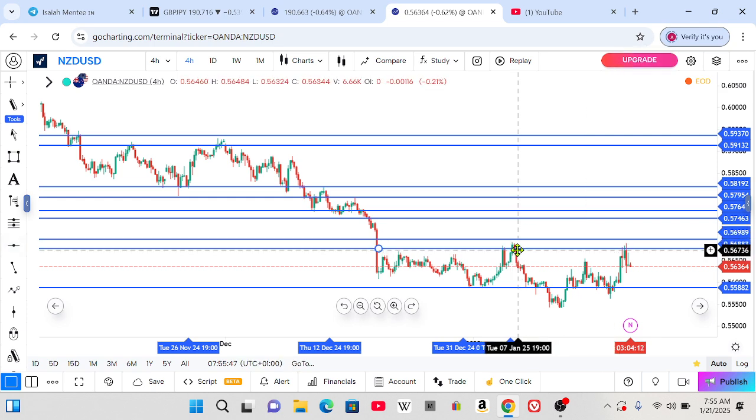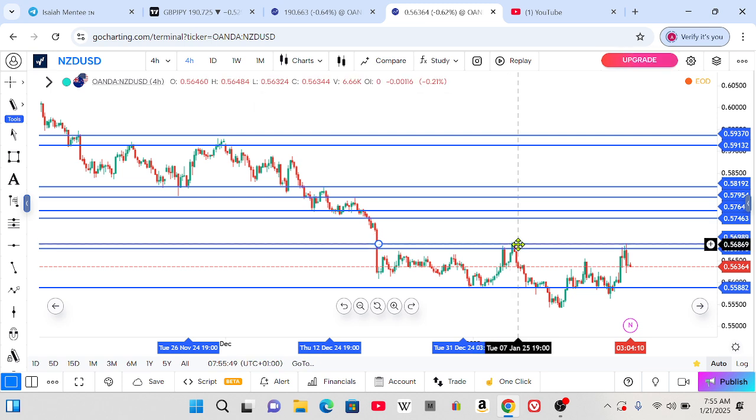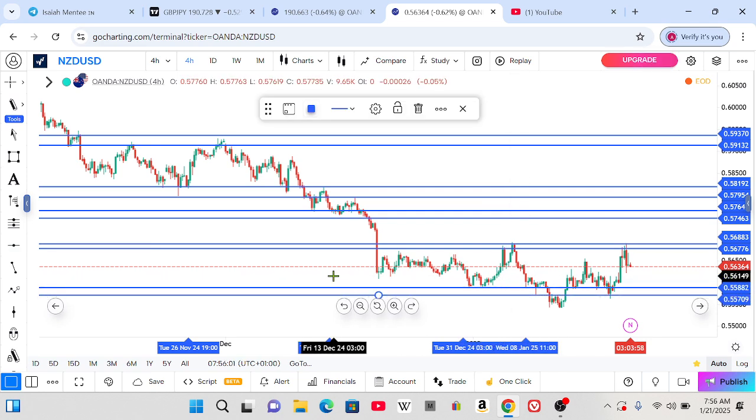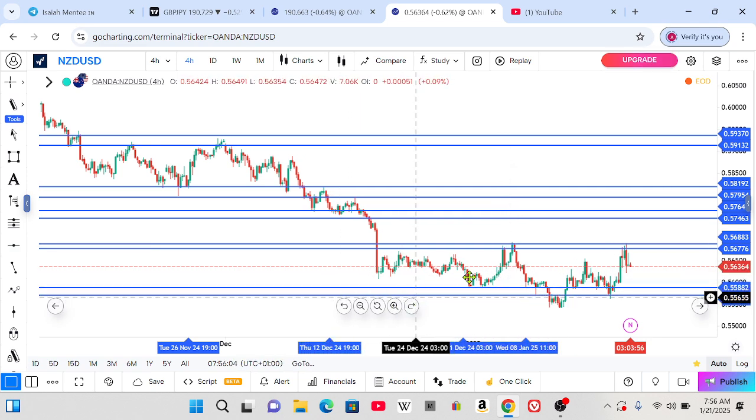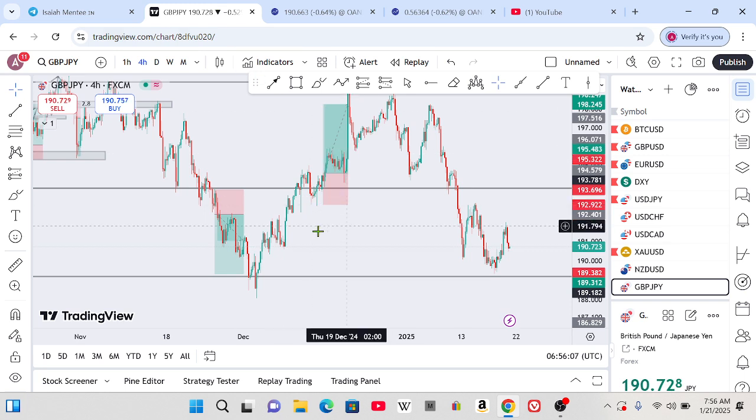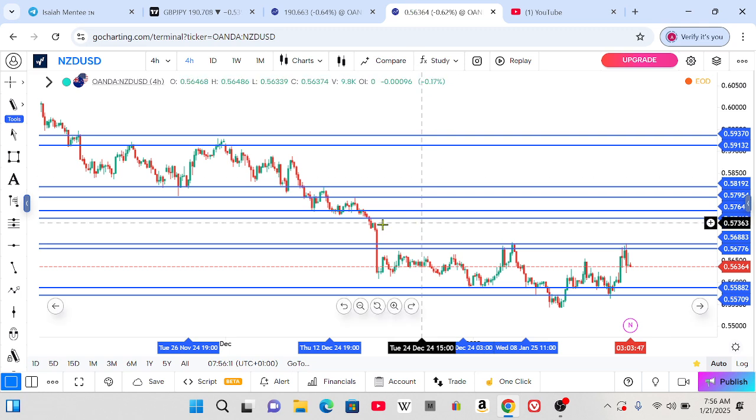It will even be difficult for you to see between these lines, because the lines are running from the left side of the screen all the way to the right side of the screen. So if you are using lines, I would rather use one line, just like what you see on my screen here. Just use one line. Those two lines most times make the work cluttered.